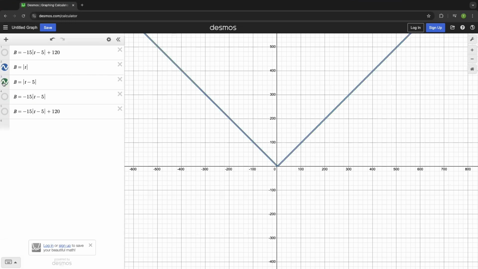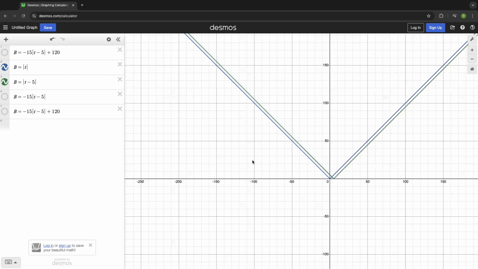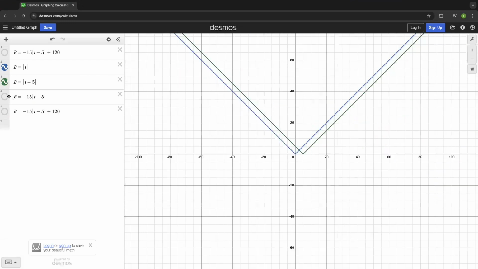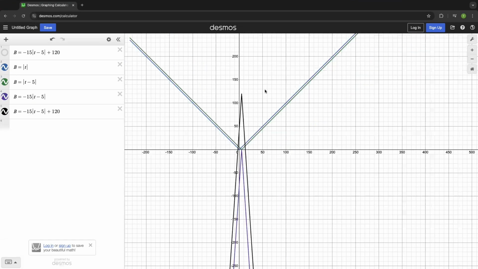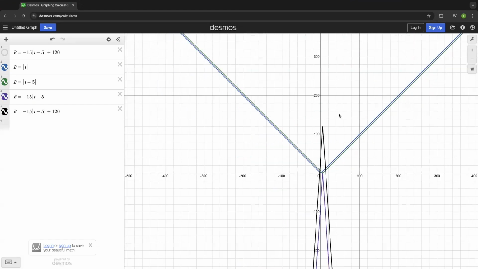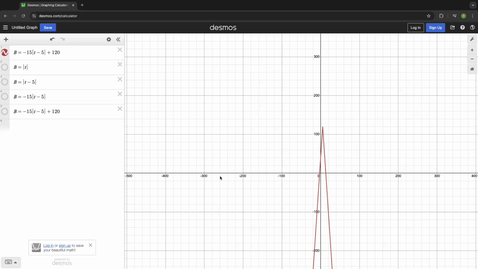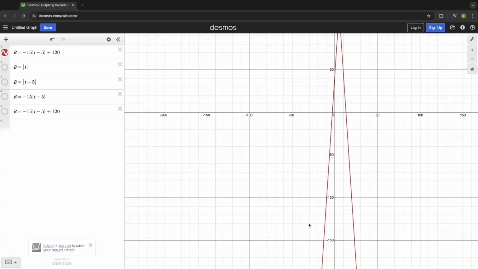First thing we do is move it to the right by 5 units. Then we narrow it by a factor of 15 and reflect it across the x-axis. And then we move it up by 120 units. So this final part is going to be our graph of the equation.